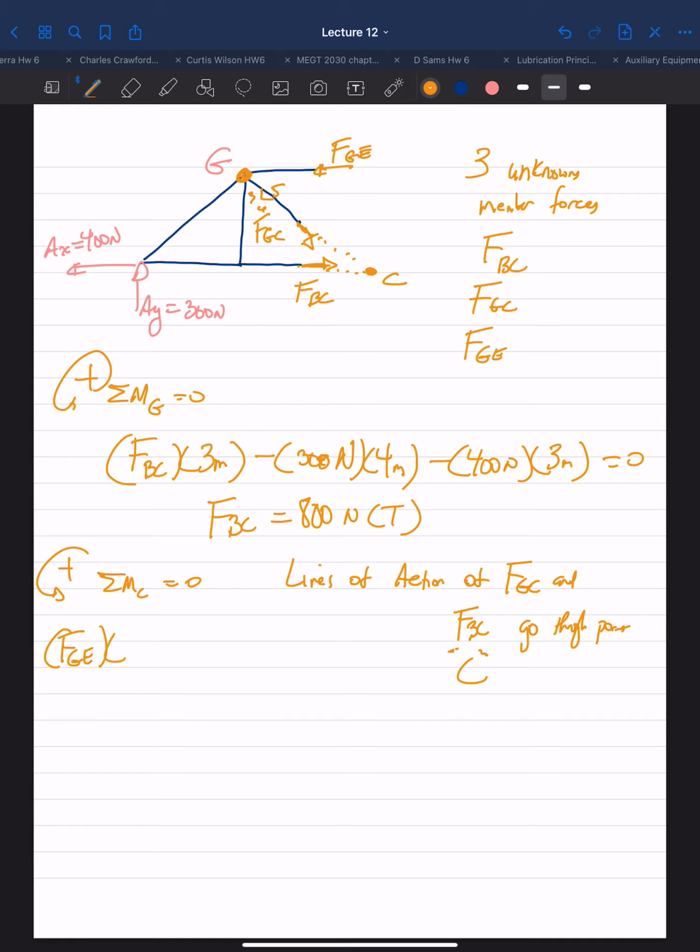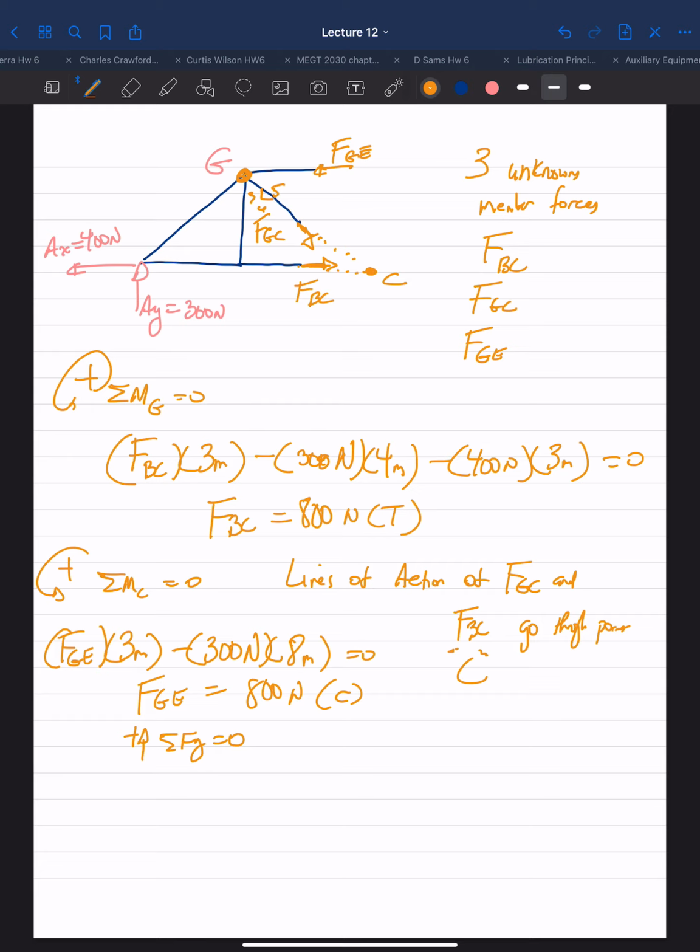Perpendicular distance is 3 meters. FGE is 800 newtons in compression.